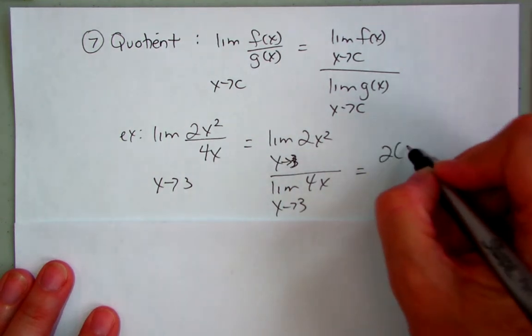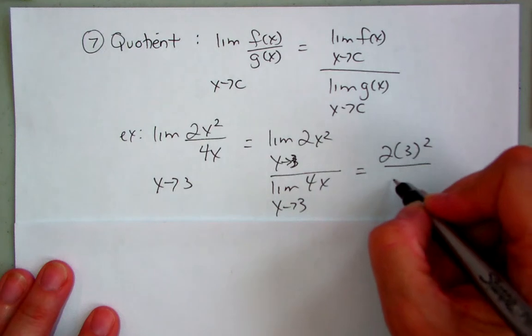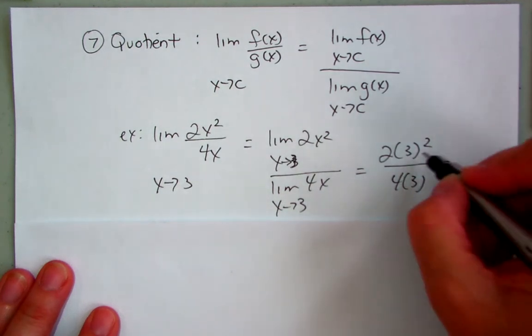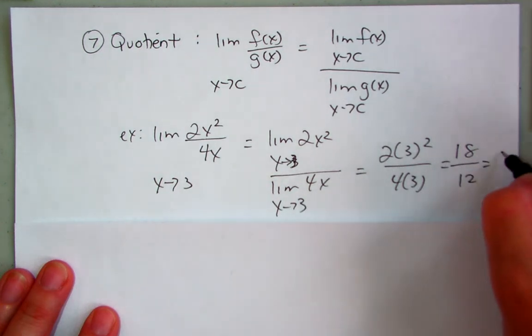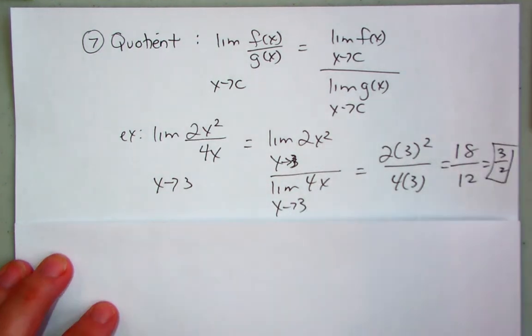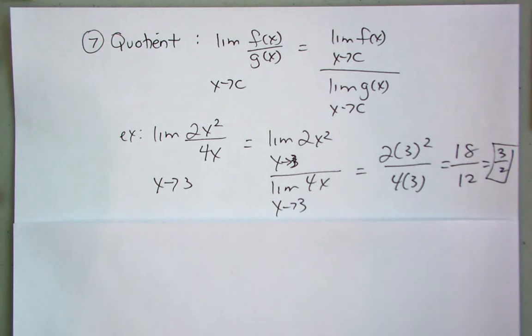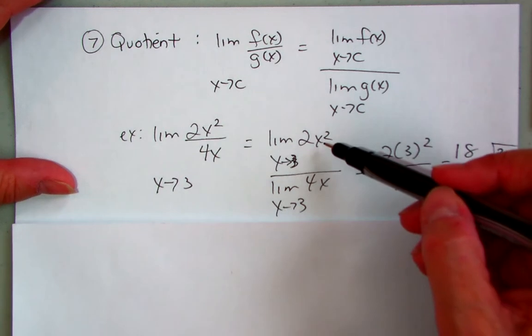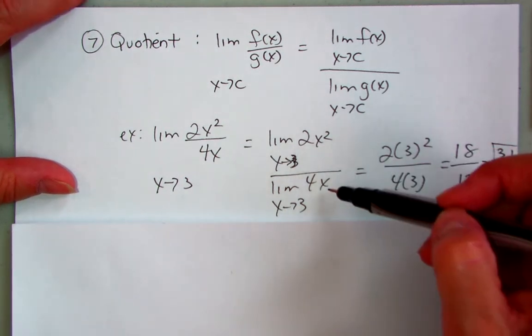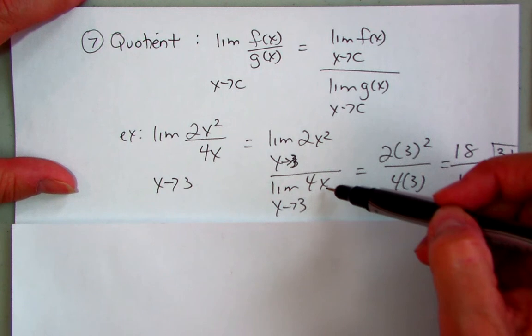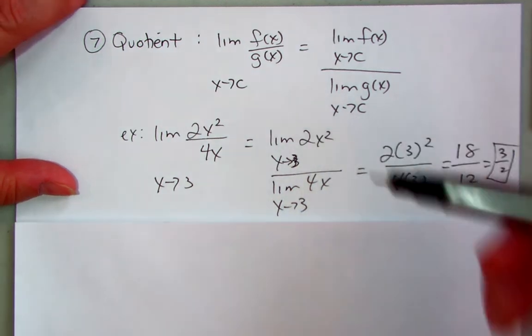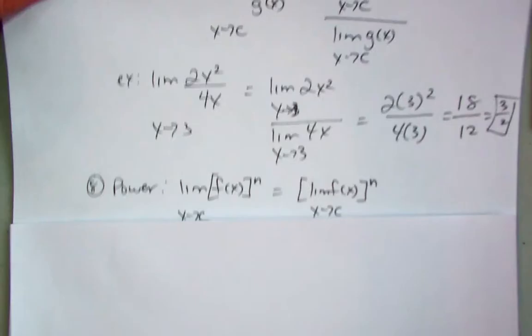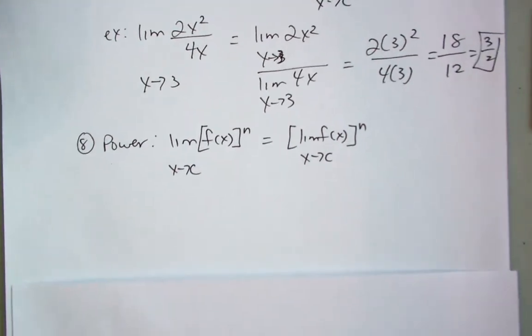So that's just 2 times 3 squared over 4 times 3. That's 2 times 9, which is 18, over 12. That's 3 halves. Again, I'm allowed to use direct substitution because that's a parabola that's been vertically stretched, and that's just a line that's got a slope of 4. Both of those I can just evaluate in order to find the limit because there are no holes and there are no jumps.